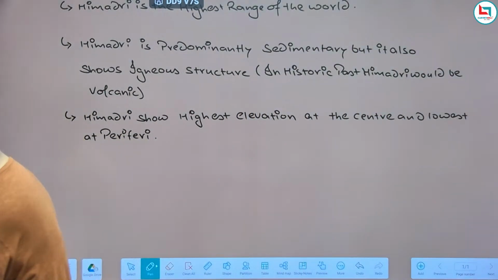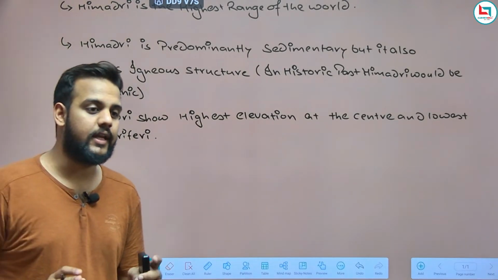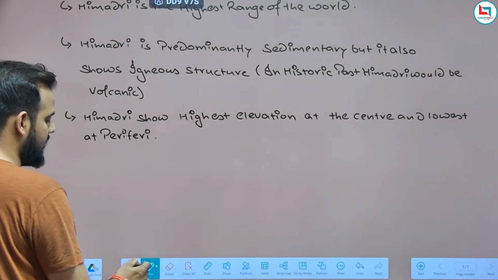Okay, that Himadri shows the lowest elevation at the peripheries. It means that we need to draw the diagram like this.